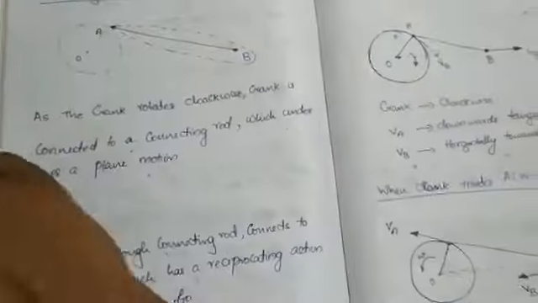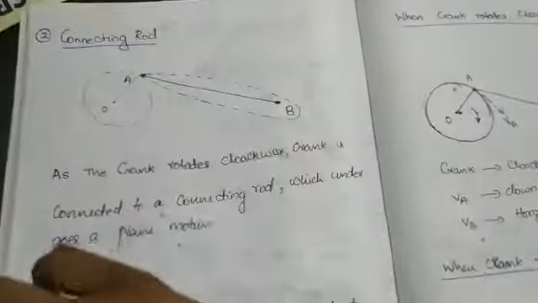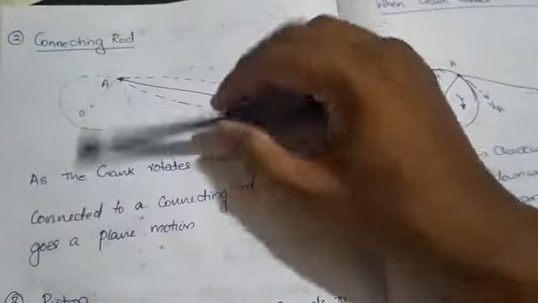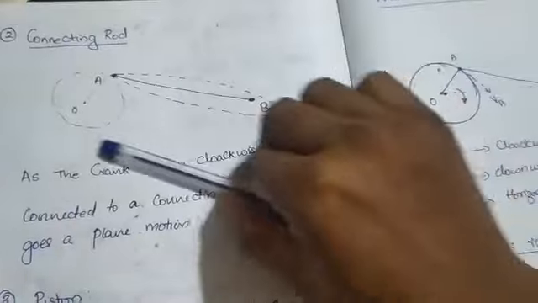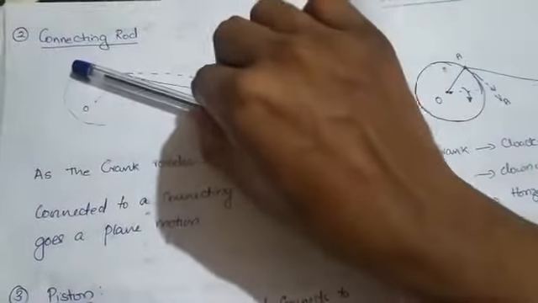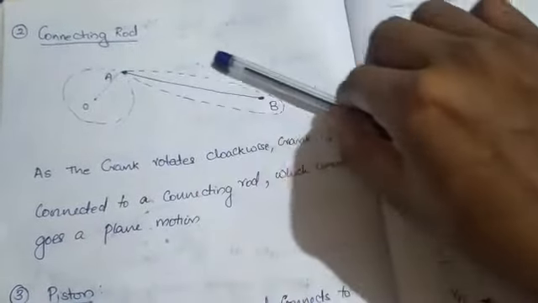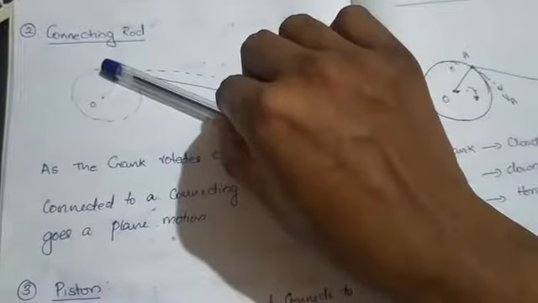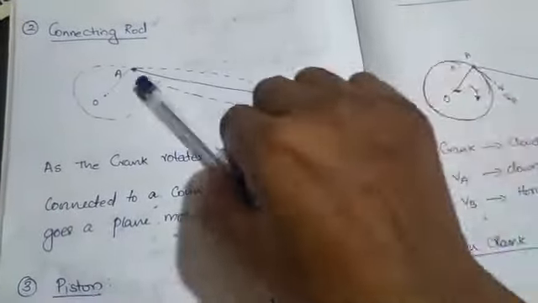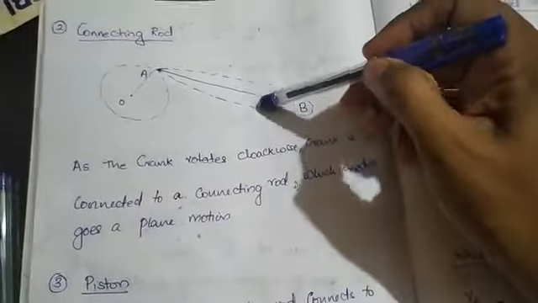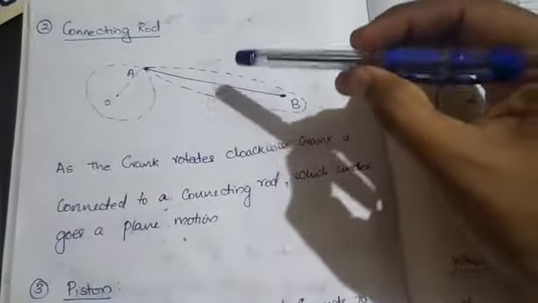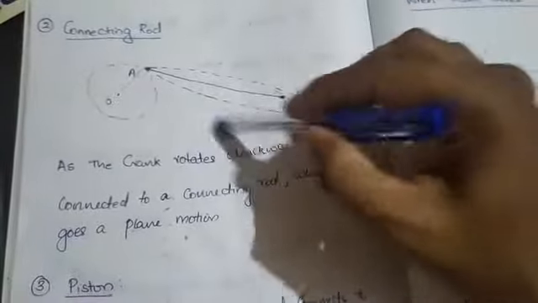Now next is the connecting rod. As I told you, the connecting rod will be connected like this, and this will move like this. What sort of movement is this? Actually this has a partial rotation, and also it is moving like this, right? So this is a combination of rectilinear as well as rotational motion.